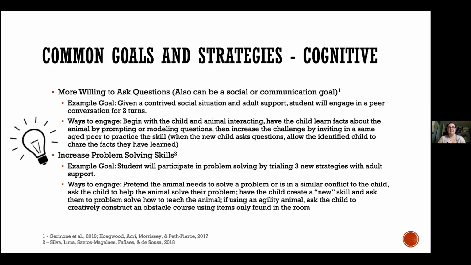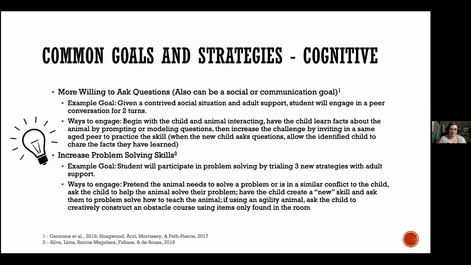Having the identified child come up with their own ideas on how to teach a new skill to the animal can be a really fun way to get them engaged in problem solving. If you have an agility animal, of course, creating obstacle courses, using only items found in the room so that the child kind of has to think out of the box of like, what can I use this chair for?